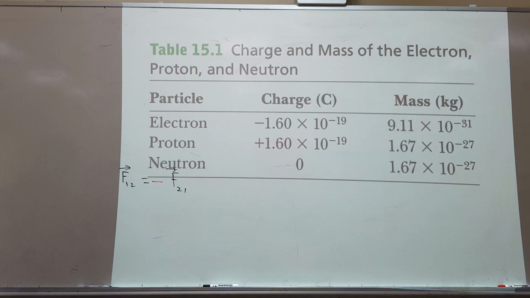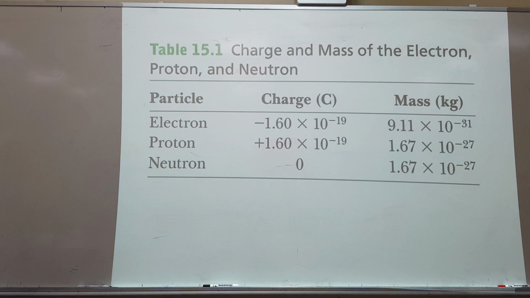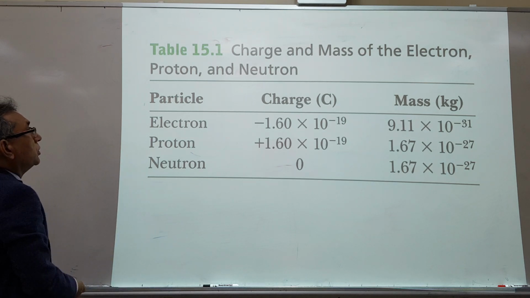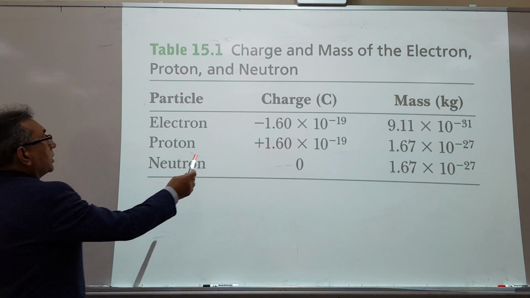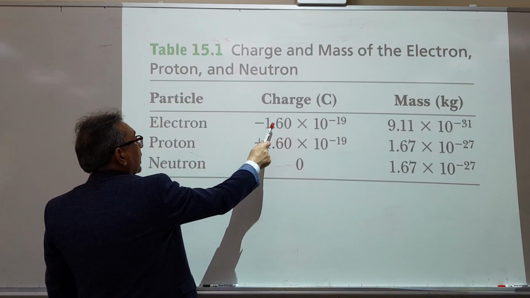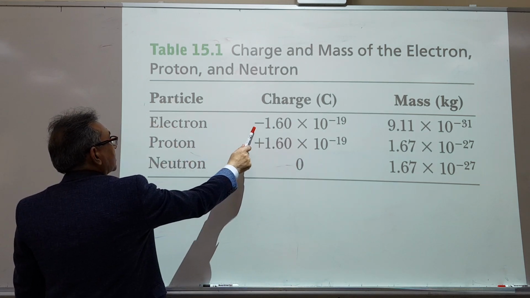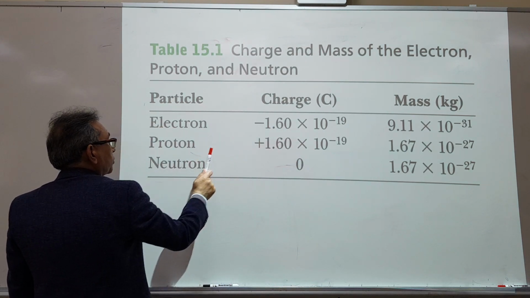Now the scientists have worked very hard to calculate some physical constants for the atomic particles, like proton, like neutron, like electron. So they concluded that the charge on electron and proton have the same magnitude, but electron has the negative charge and proton has the positive charge.